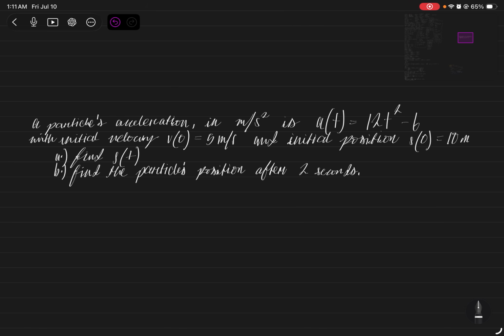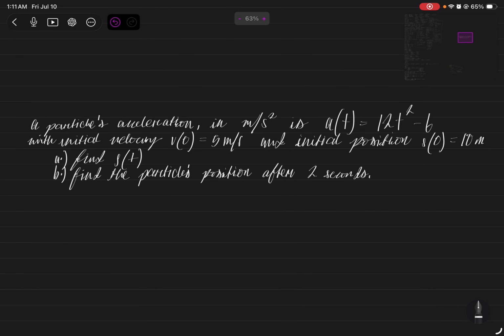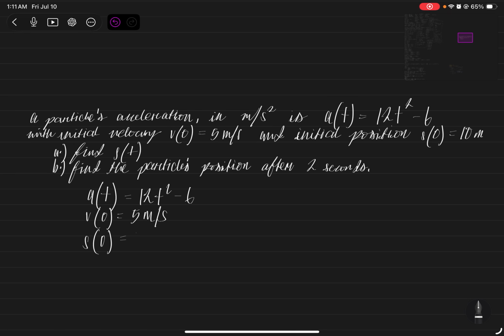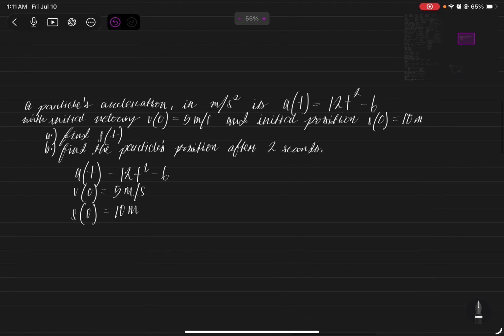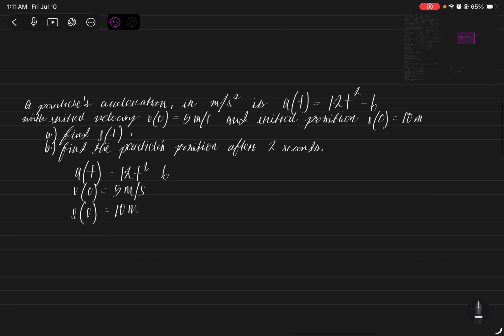Now, to solve it, we need to find the given first, in which we have the acceleration, the value of the initial velocity, and the initial position. Now that we have the given, we could easily calculate the first one, which is the s of t.